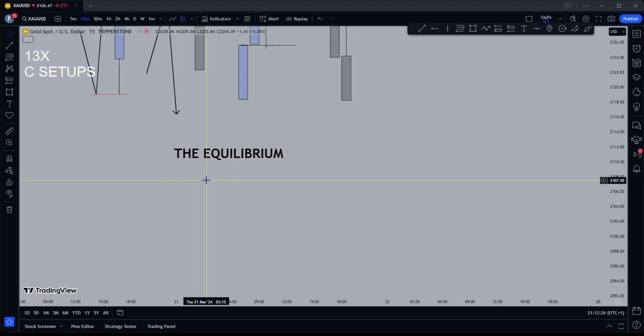We did say that in order to find the equilibrium of any given level, we should go one time frame below the main time frame. To go one time frame below the main time frame, we should use this order of time frames.